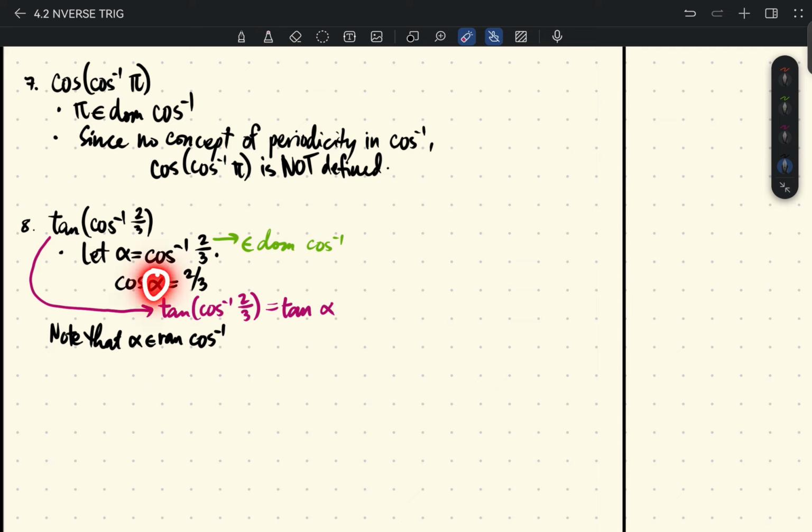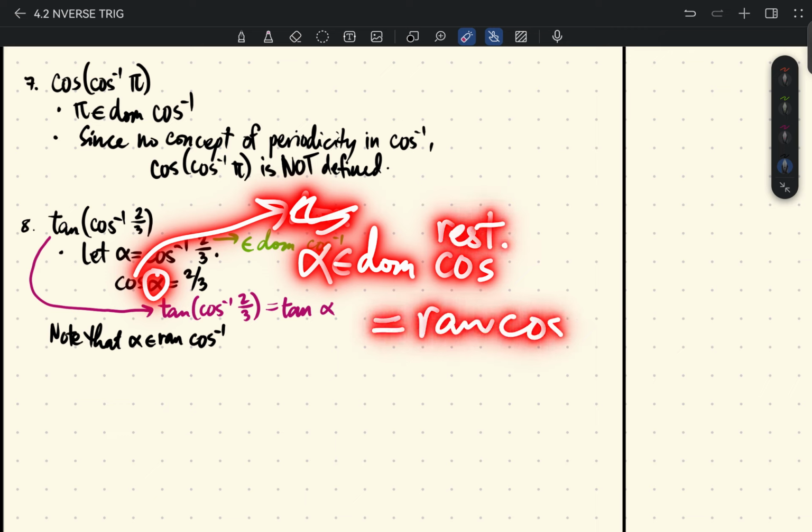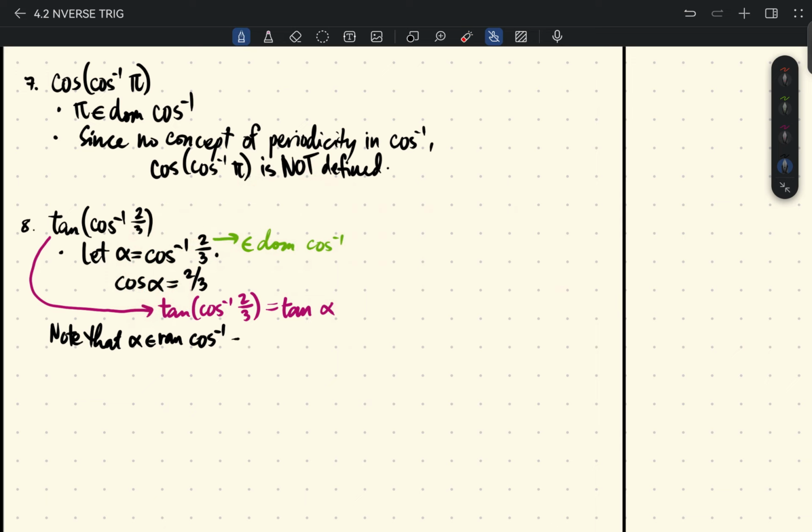Take note, alpha is inside the cosine function. So we need to make sure that alpha is in the domain of the restricted cosine function, which is the range of cosine inverse. What's the range of cosine inverse?